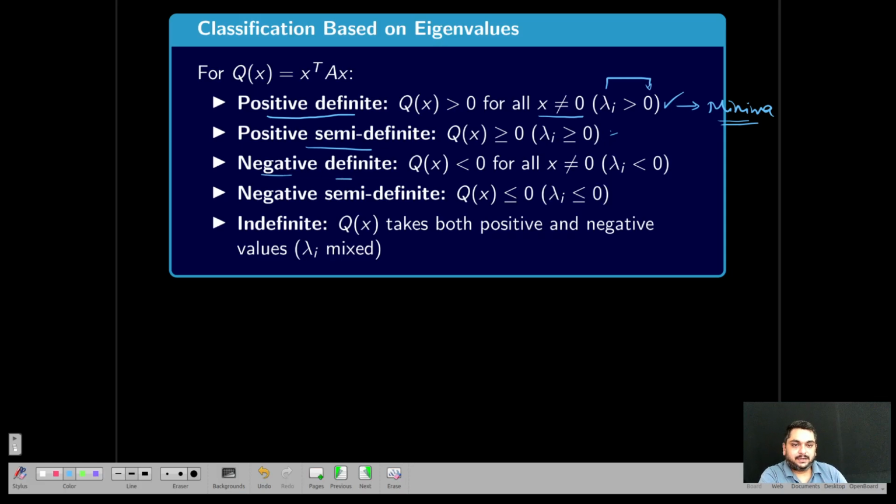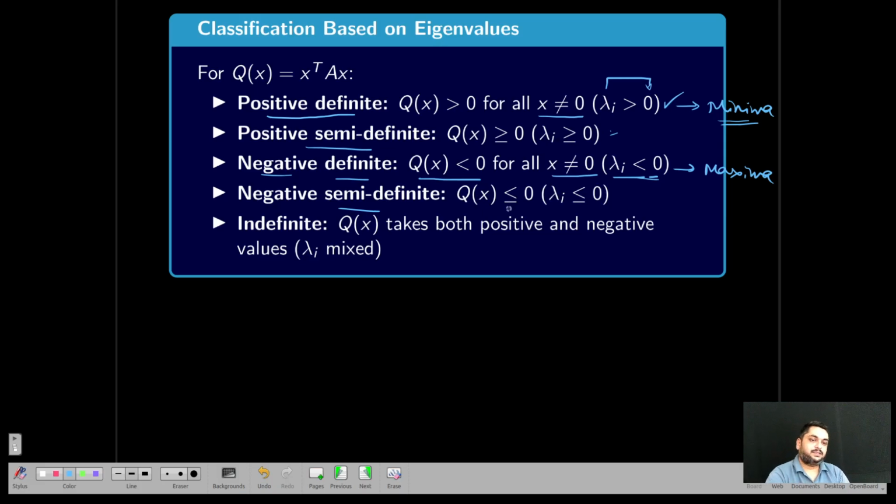So this is positive semi-definite. What is negative definite? Negative means definitely less than 0. That is, q of x is strictly less than 0 for all x not equal to 0, and all the eigenvalues are less than 0. This helps us find the maxima. Negative semi-definite means q of x may be less than or equal to 0.